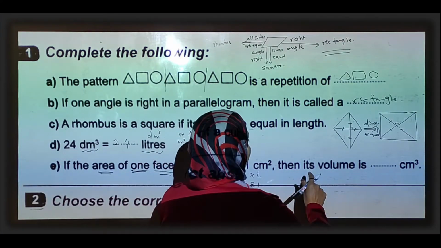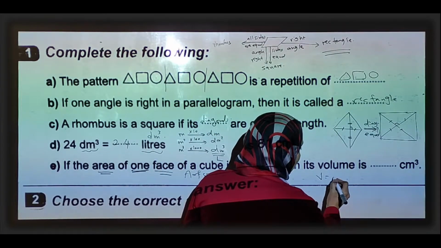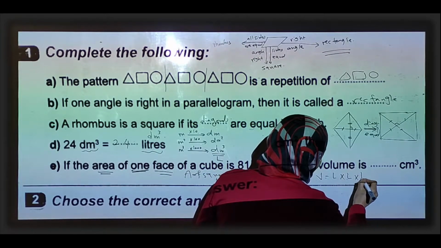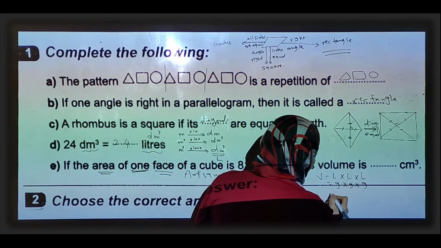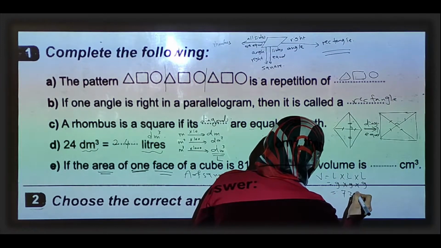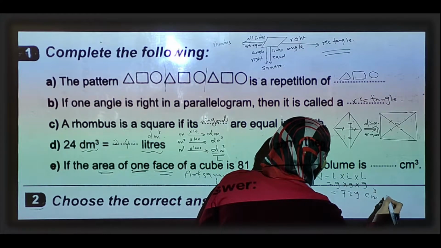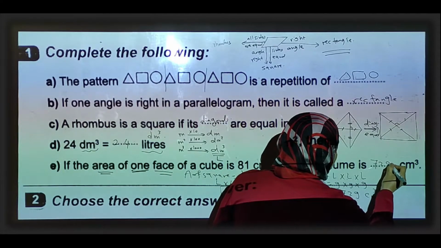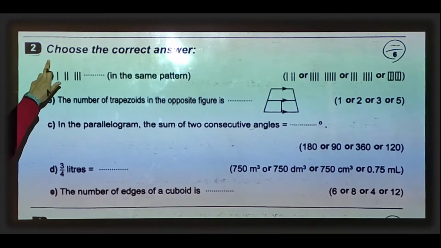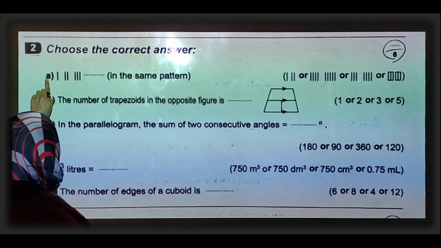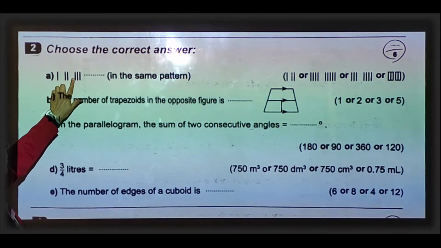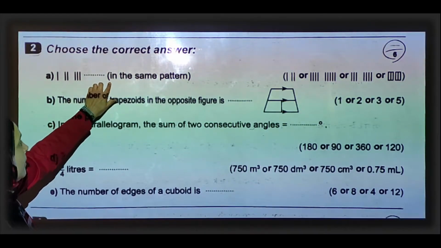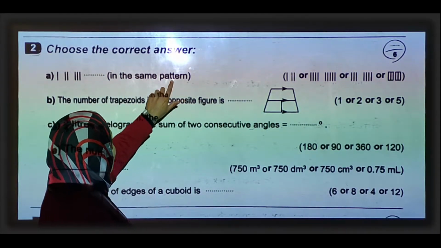To get the volume of a cube, length times length times length equals 9 times 9 times 9 equals 729 centimeter cube. Number 2, choose the correct answer. Number A, 1 line, 2 lines, 3 lines, what in the same pattern?